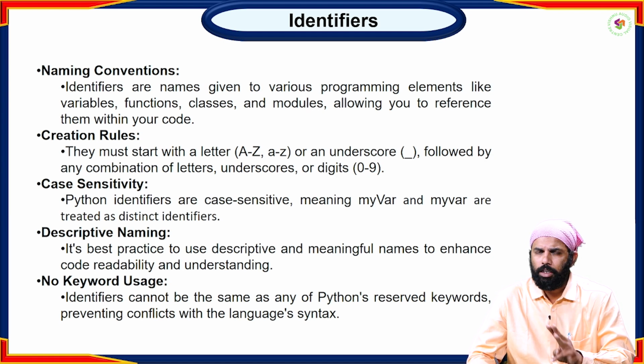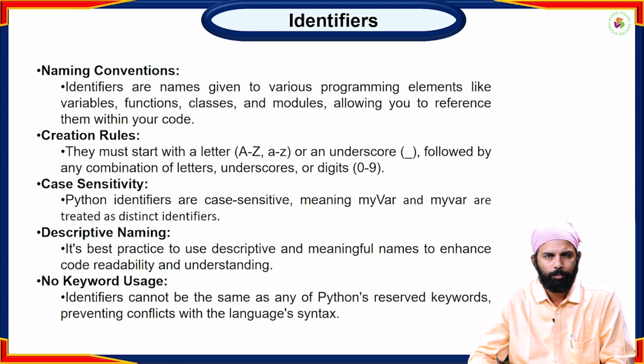Third, any combination of uppercase characters, lowercase characters, underscores and digits can be used as the next characters of the identifier name. The fourth rule is case sensitivity, where every identifier name with different case characters must be considered a distinct identifier name.